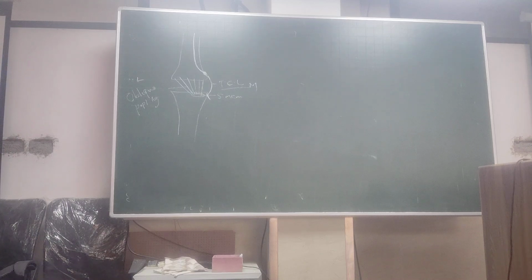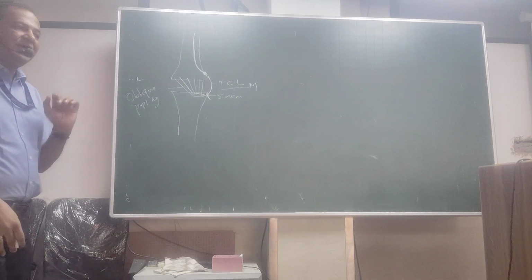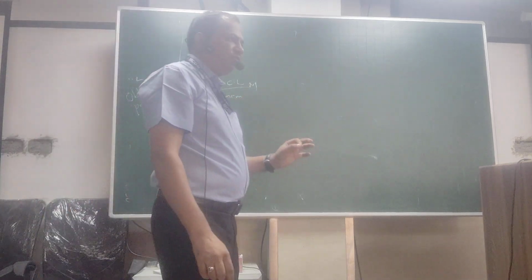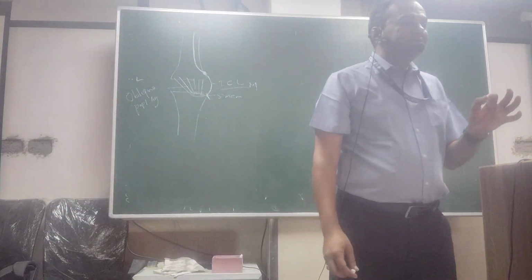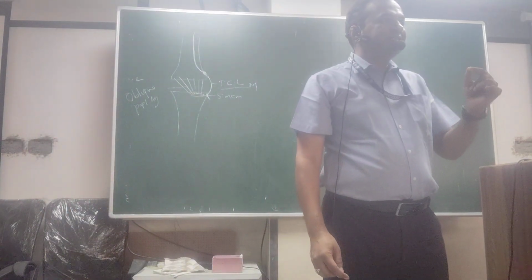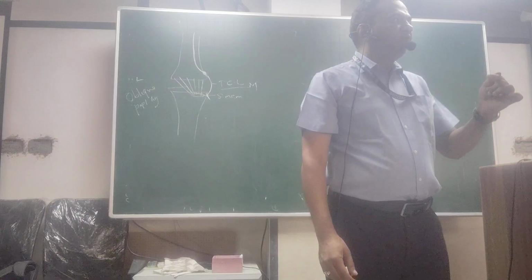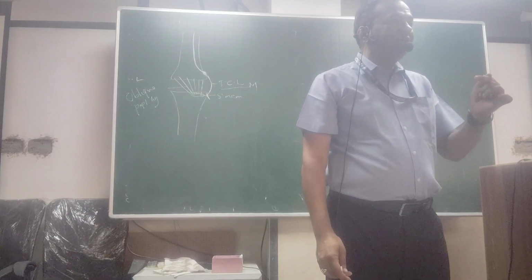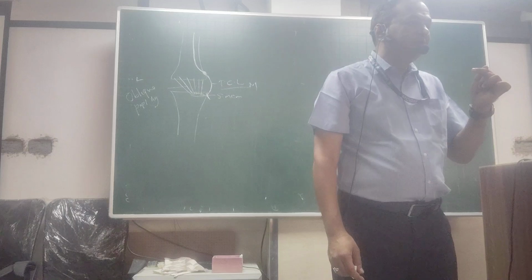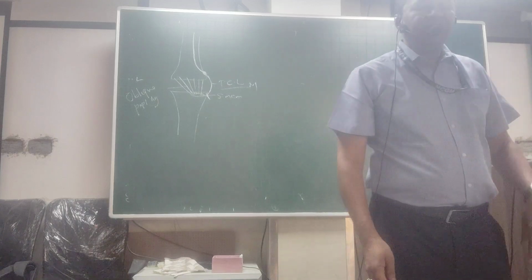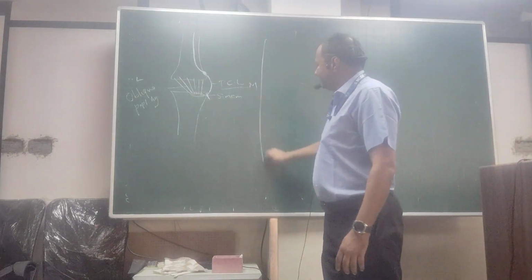It is an extension of the tendon of semimembranosus, which gets inserted on a groove behind the medial condyle of the tibia. ये हम पीछे से देख रहे हैं ना.